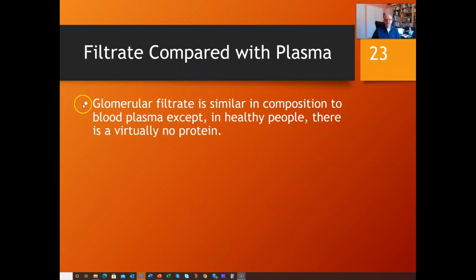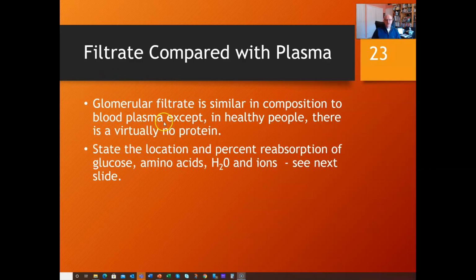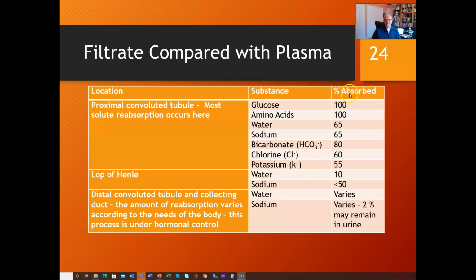Filtrate compared with plasma. Everything comes from plasma. Glomerular filtrate is similar to plasma, except in healthy people there's virtually no protein. So state the location and percent of reabsorption of glucose, amino acids, water, and ions. So we see that. That's where it's all being reabsorbed.